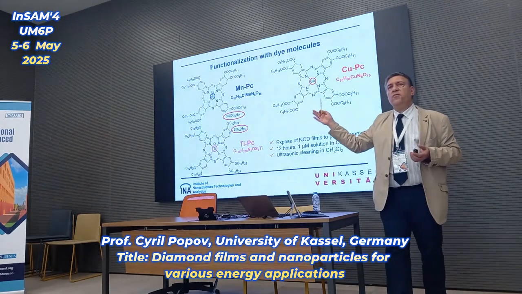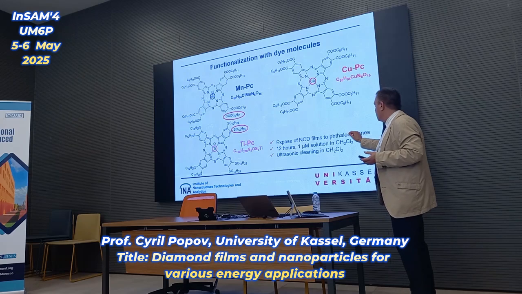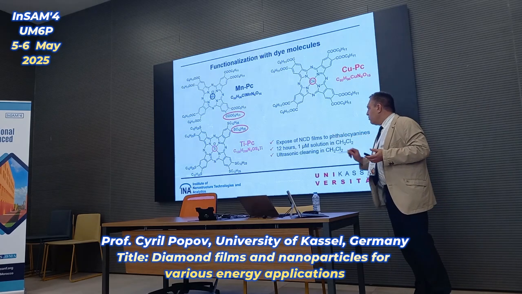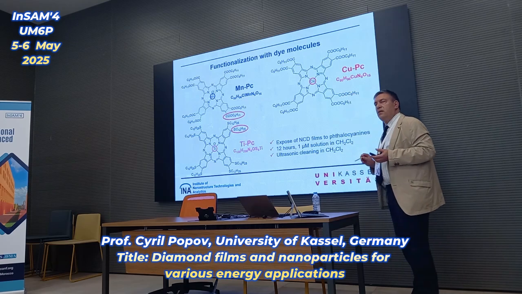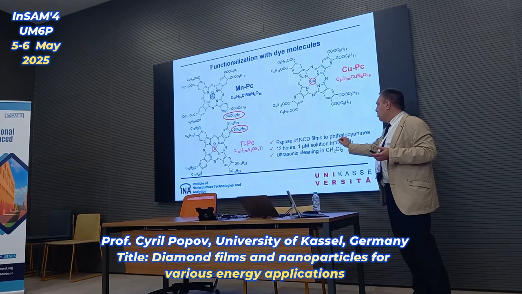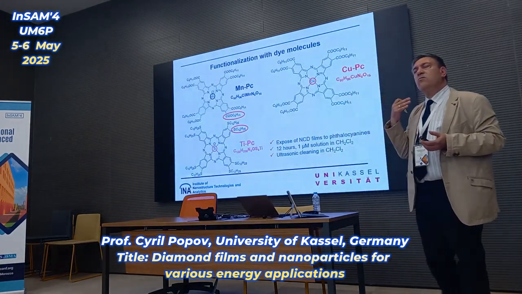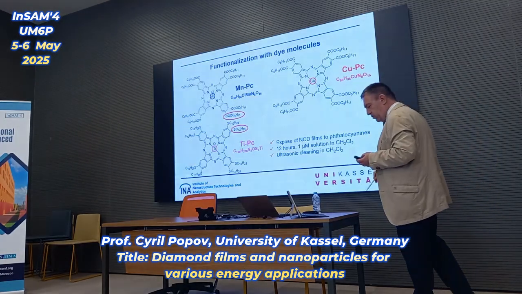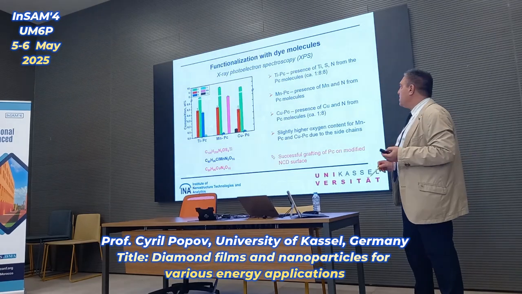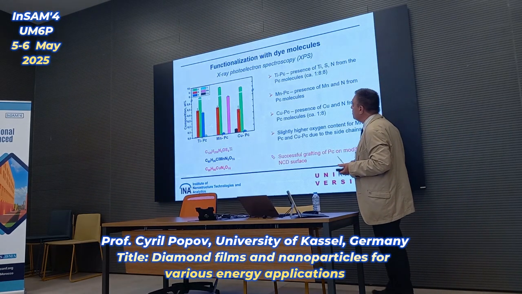After the modification of the diamond electrodes, or boron-doped diamond, they were exposed to phthalocyanines, 1 micromolar solution in dichloromethane for 12 hours, followed by a thorough ultrasonic cleaning in the solvent to remove all non-covalently bonded molecules. And we characterized by XPS, and we found that we have molecules on the surface.